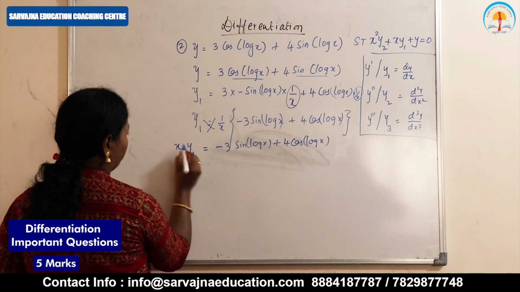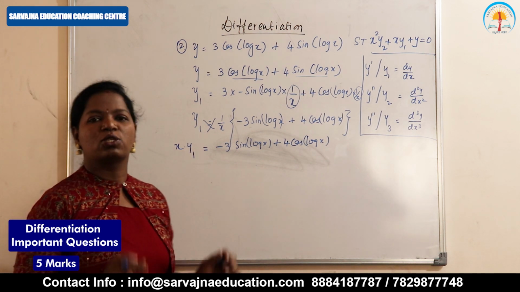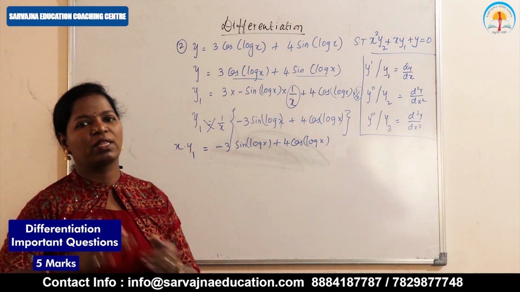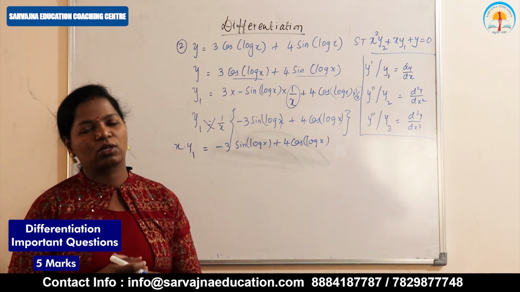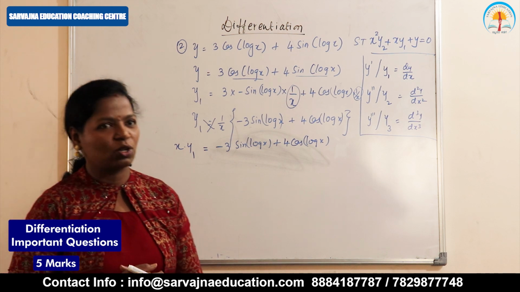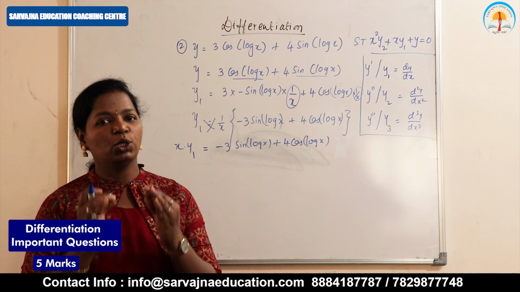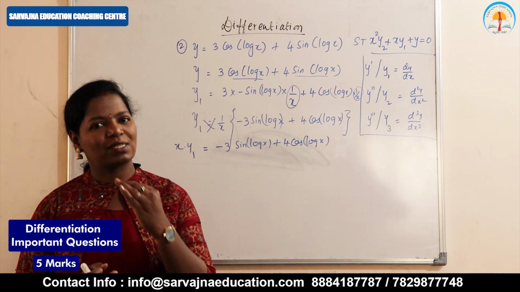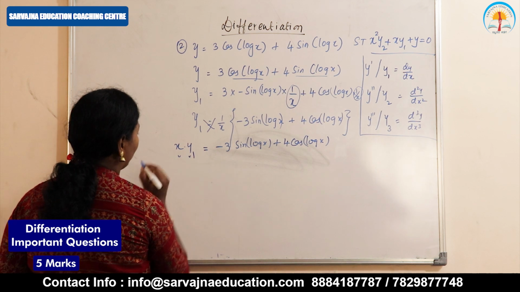So now there are two functions here, u and v. In the 5 marks questions, whenever you get the fraction form in the right hand side, you have to always do the cross multiplication. After doing the cross multiplication, you have to always apply the uv form, don't forget. So this is v.